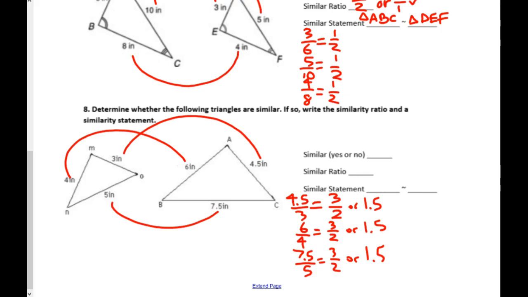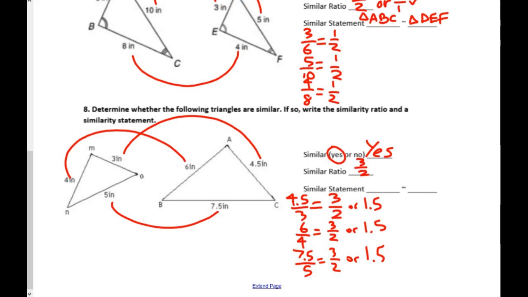Alright, so each of these fractions will reduce to either 3 over 2 or 1.5. Those are the same exact thing, just written as a decimal and a fraction. So they all match, so yes, these are similar. And the ratio we'll use is 3 over 2.